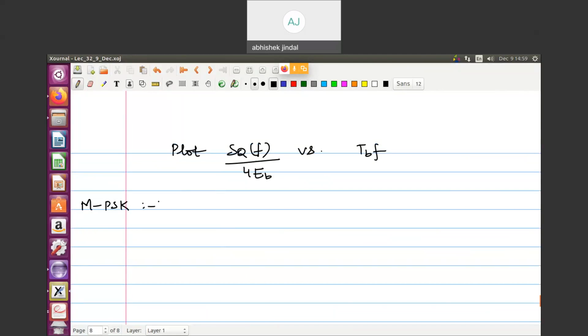Quite simple to derive. So symbol duration is equal to, you can say, TB into log of M to the base 2.